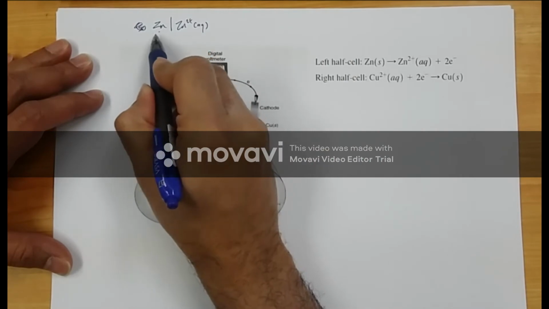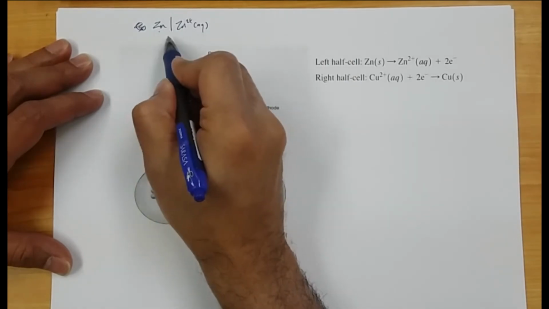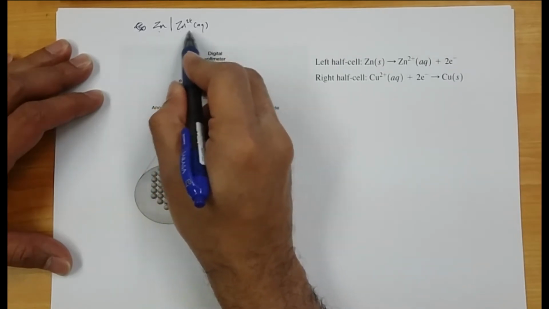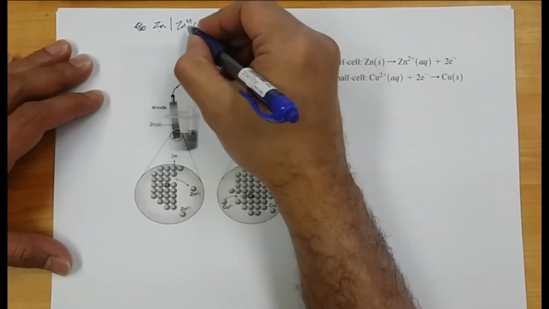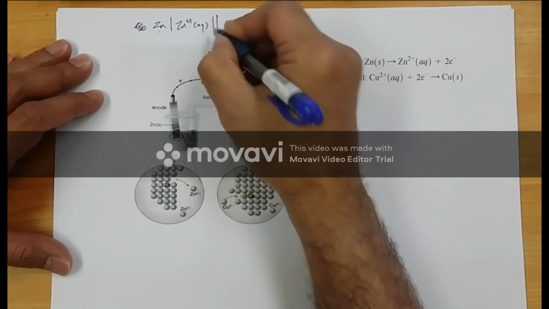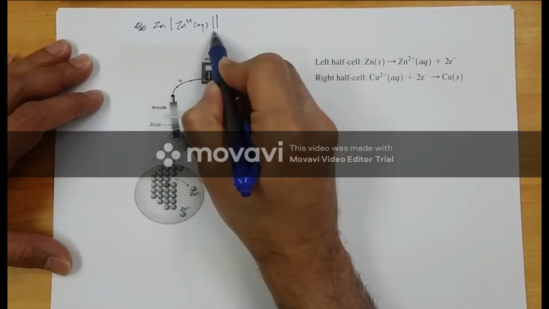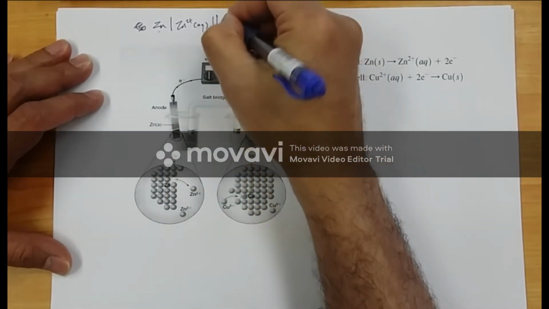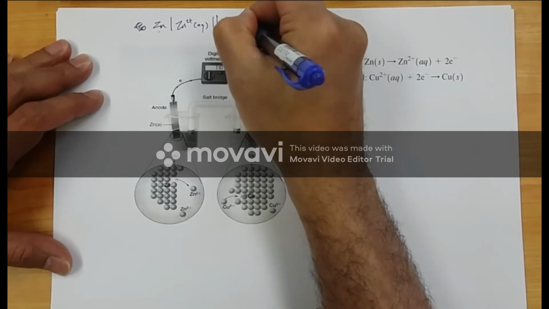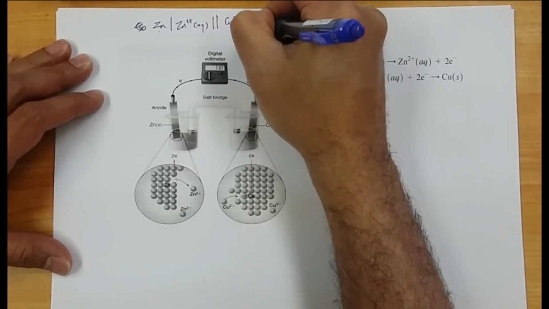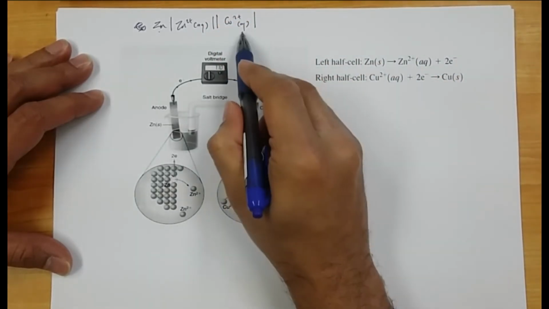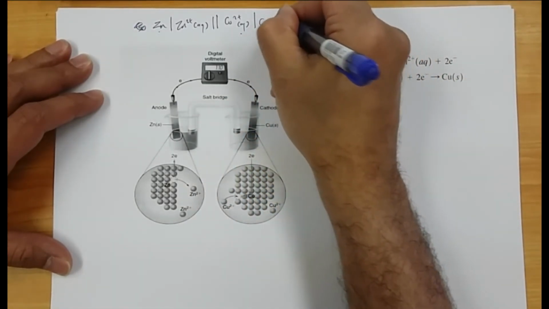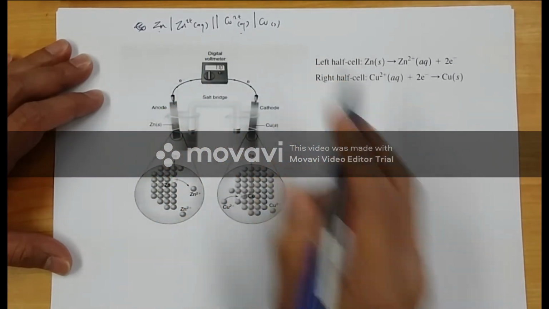So you have the zinc metal, and there's a straight line here that indicates a different phase, and this is the electrolyte phase, zinc 2 plus aqueous, and you have the bridge noted by the double line, and on the other side you have copper 2 plus electrolyte aqueous, and there's one line that separates the electrolyte phase and the solid phase, right? So this is the notation.